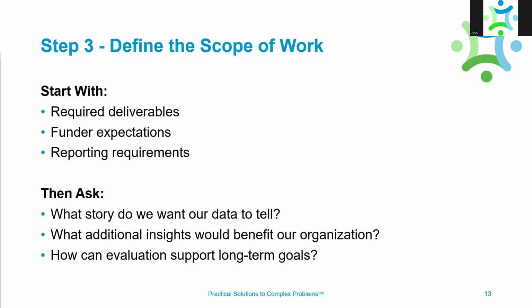But it's also helpful for you guys then to ask, what story do we want to tell with our data? Make sure you have a plan in place for, we're a new organization. We want to be able to tell, like, we're starting from here and improving the community via A, B, C, and D. Have some of those things thought out. It's really helpful for an evaluator to be able to take that and say, okay, here's what we need to do. This is some ideas.